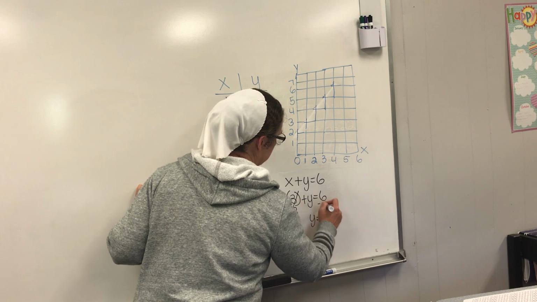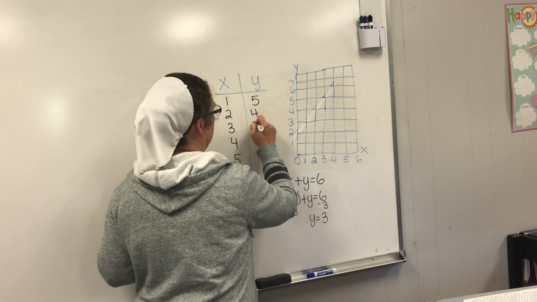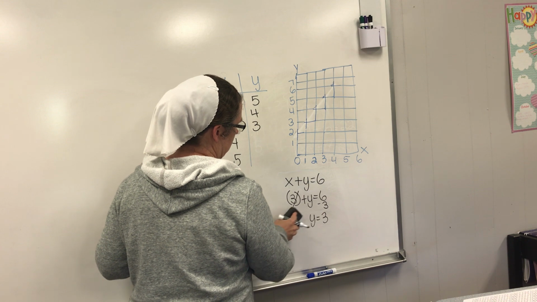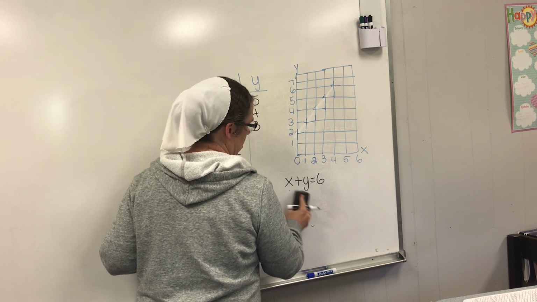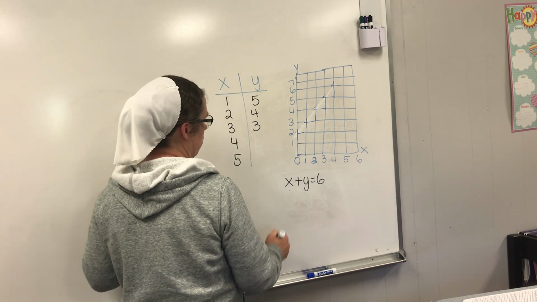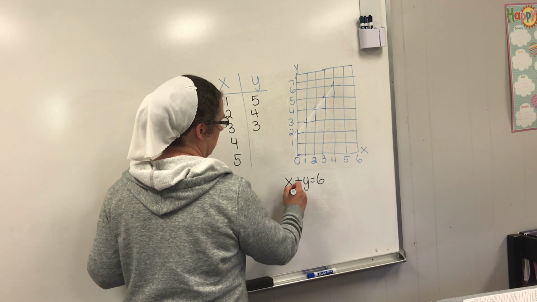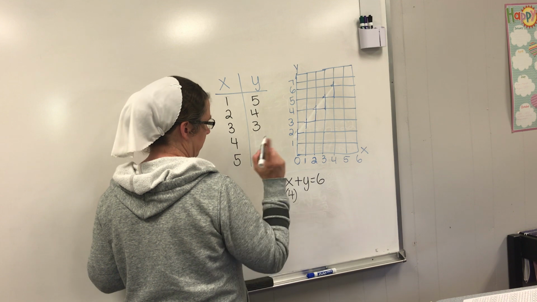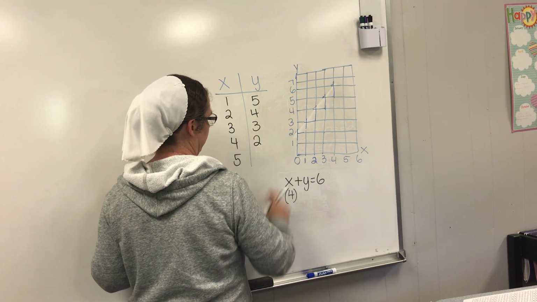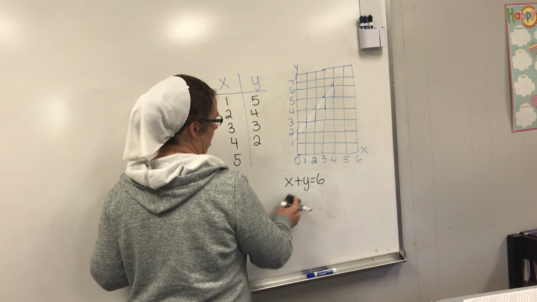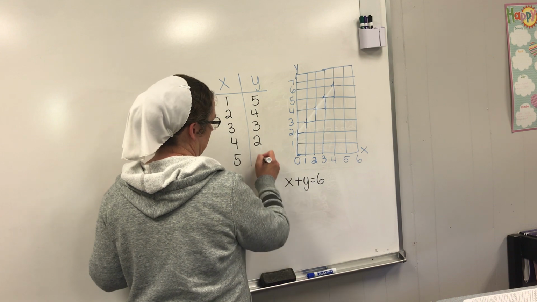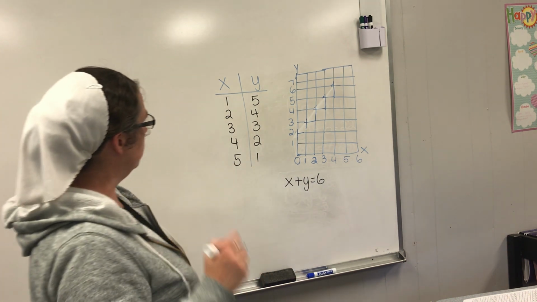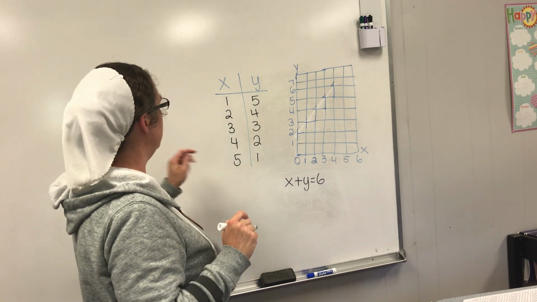Y equals positive 3. All right, I'll let you do the next one in your head. 4 is our x. 4 plus what is 6? 2, you're right. 5 plus what is 6? 1.